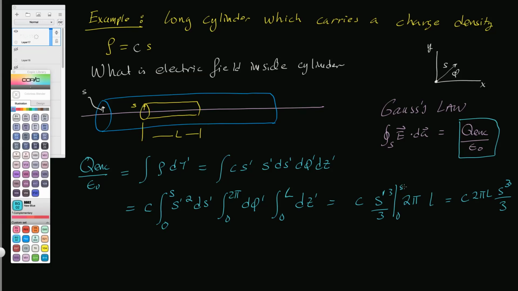We already said that on our Gaussian surface E is going to be pointing radially outward and constant on the surface, which means I'm going to be able to pull it out of the integral. It also means that E dot dA is going to be E dA, because E is pointing radially out and dA is in the S direction as well.